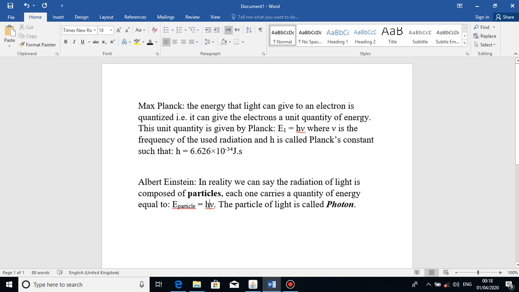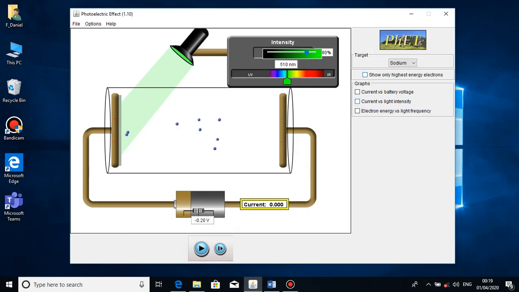This particle of light is called a photon by Einstein. And now we stop thinking about light as a wave; in this experiment it does not have a wave aspect, but a particle aspect. Now, how to understand this on the photoelectric effect?